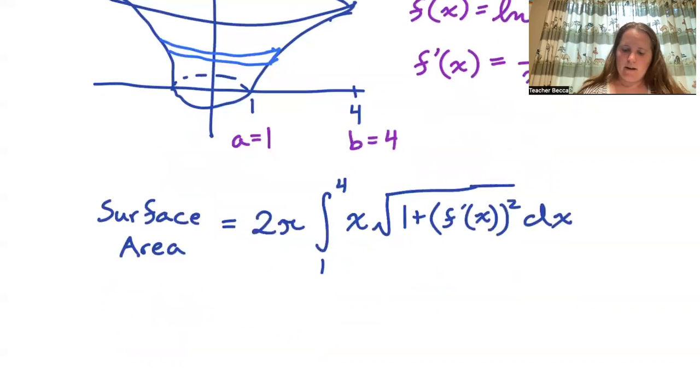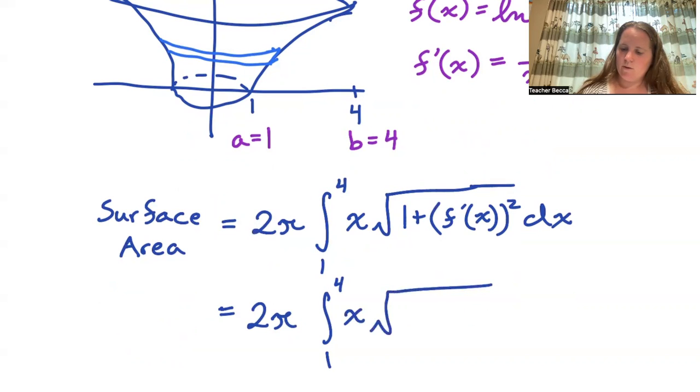So we are looking at 2 pi times the definite integral from 1 to 4 of x times the square root of 1 plus 1 over x squared dx.